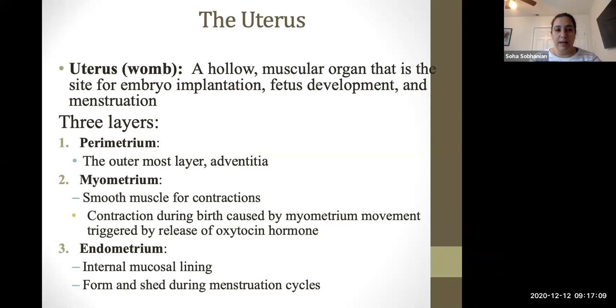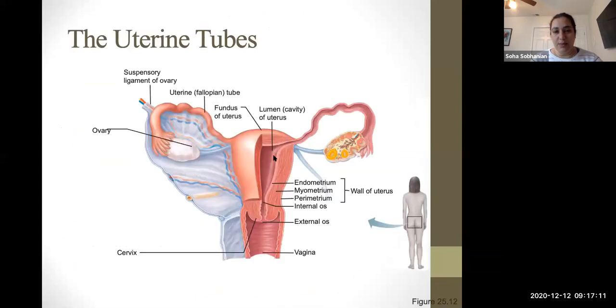The endometrium, the inner lining right next to the empty cavity at the center, is the layer that gets shed during the menstrual cycle. When a woman has her period, this highly vascularized endometrium is what we're actually getting rid of.